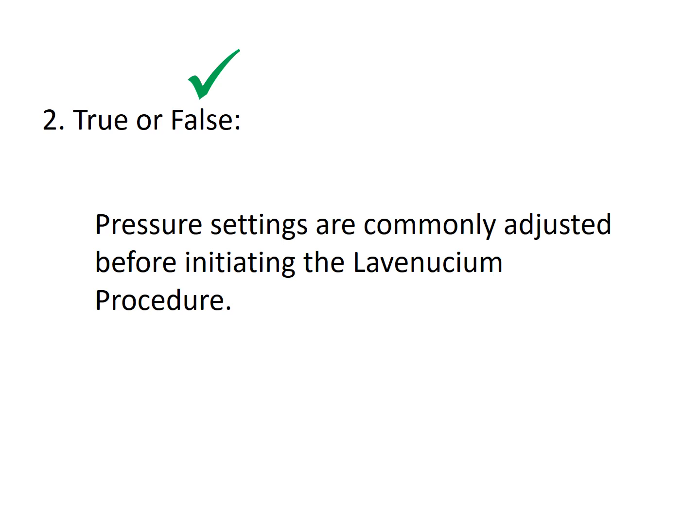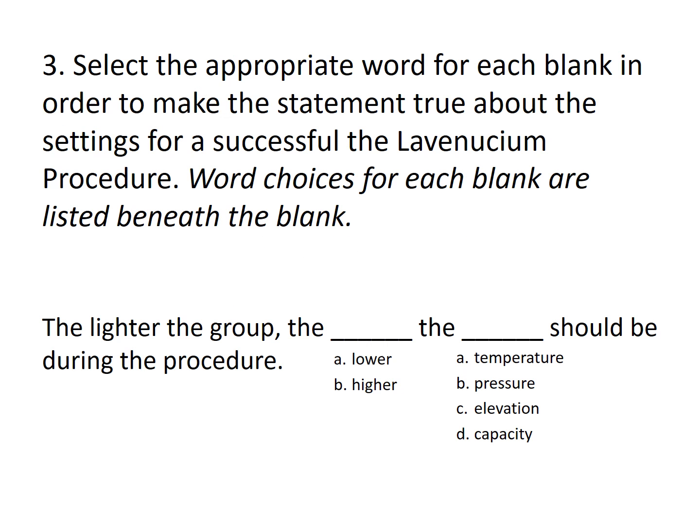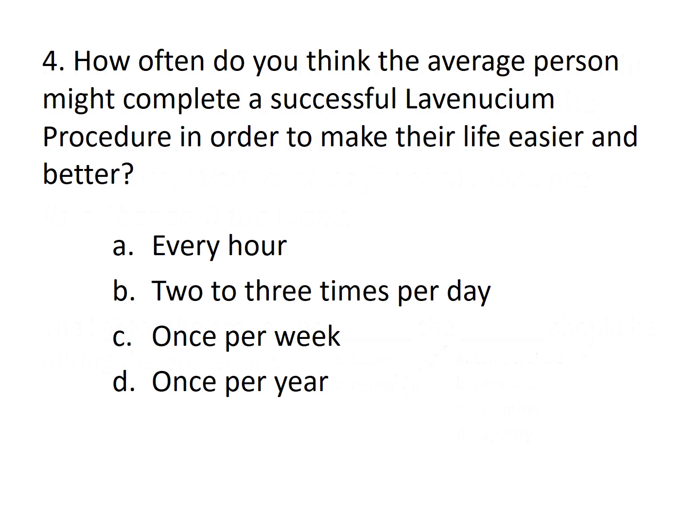Pressure settings are rarely addressed in the procedure. Number 3, select the appropriate words. The lighter the group, the higher the temperature should be during the procedure. And finally, number 4, how often should the average person complete the procedure? In general, the best possible answer would be once per week.